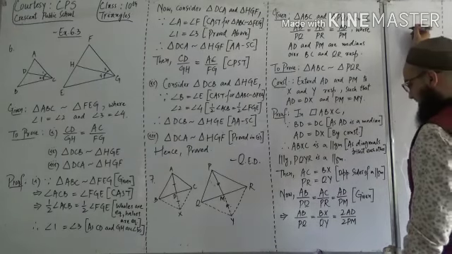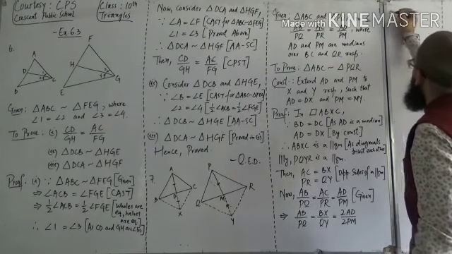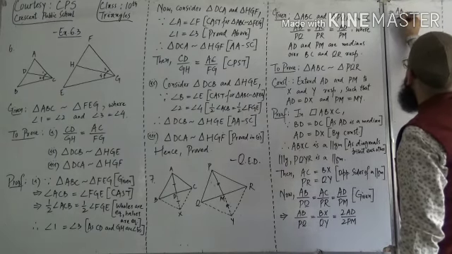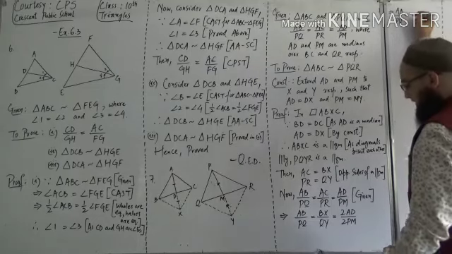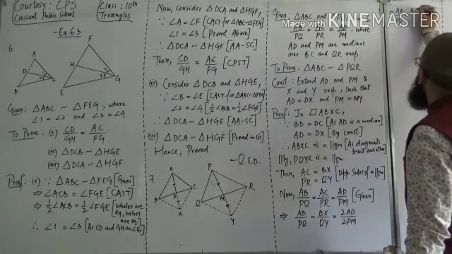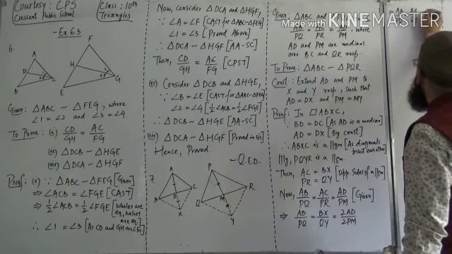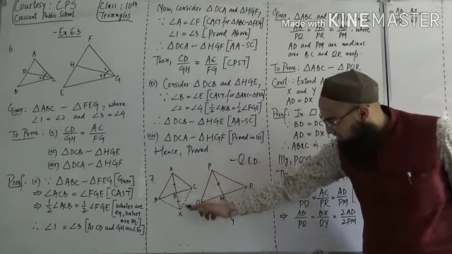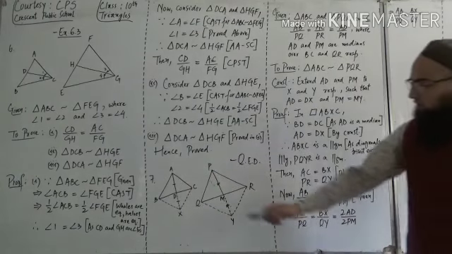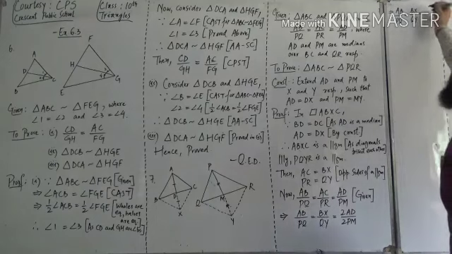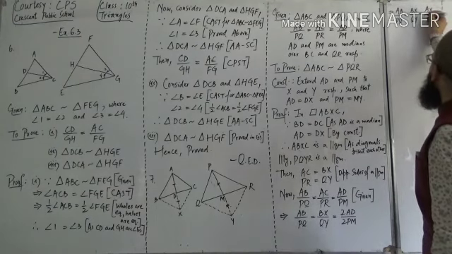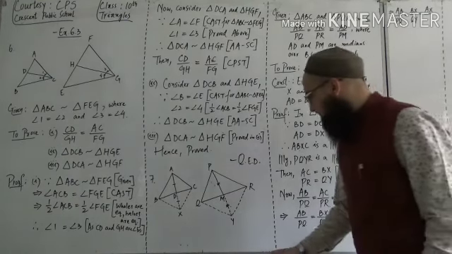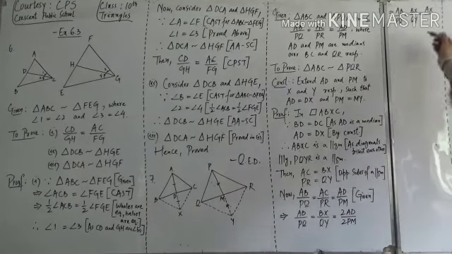AB by PQ is equal to BX by QY is equal to twice AD, which is AX because AD is equal to DX, divided by twice PM, which is PY.